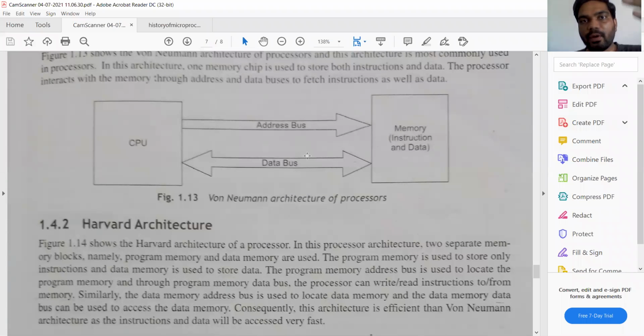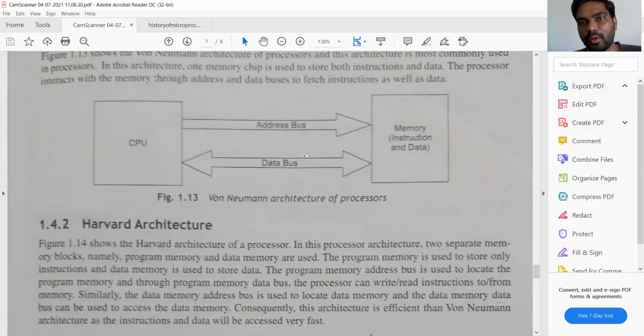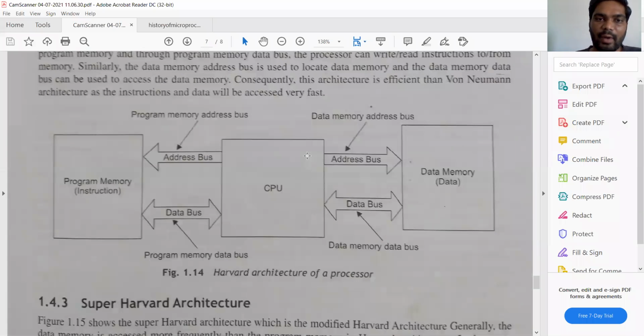Because the processor has to execute several lines of code, if it executes one by one, one by one, it takes more time. So in order to overcome that disadvantage, we will have separate memory for programs, which is nothing but instructions, and a separate memory for data.